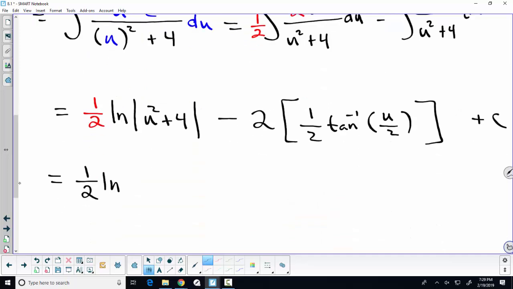So let's just leave that here for now. And this is x plus 2, u squared plus 4. Is that quantity always positive? Yeah, you've got a square plus another number that's always positive. So we don't need the absolute value here.